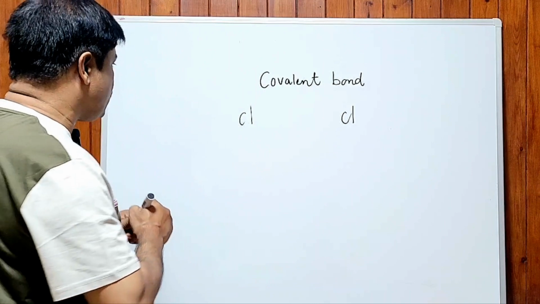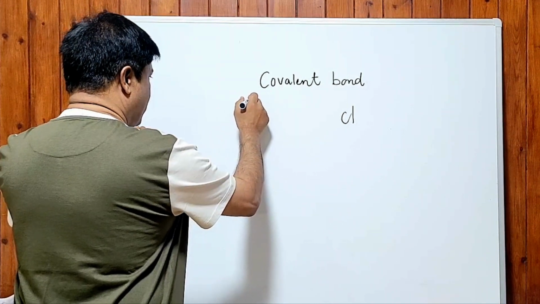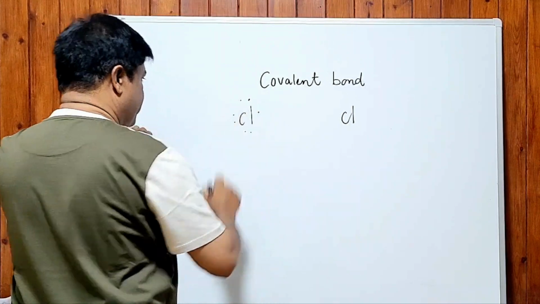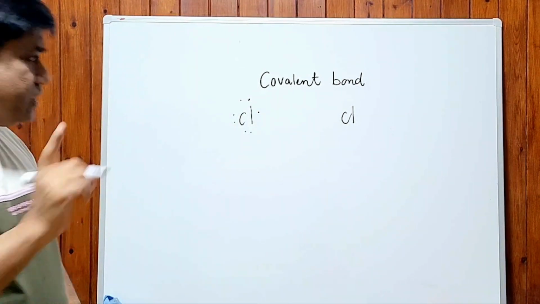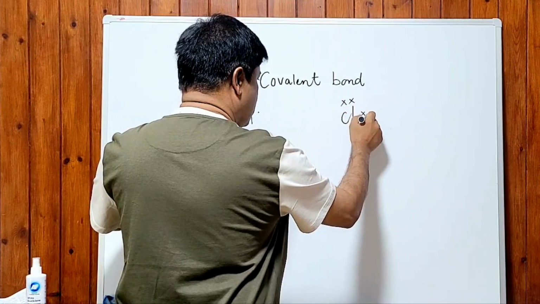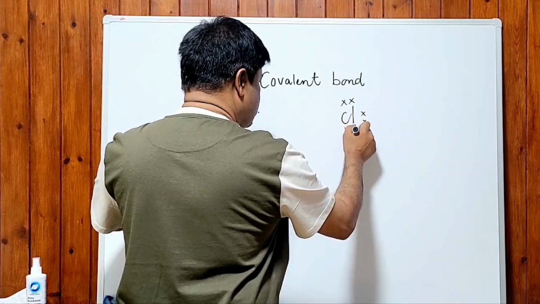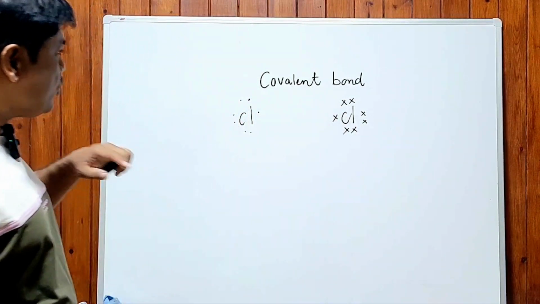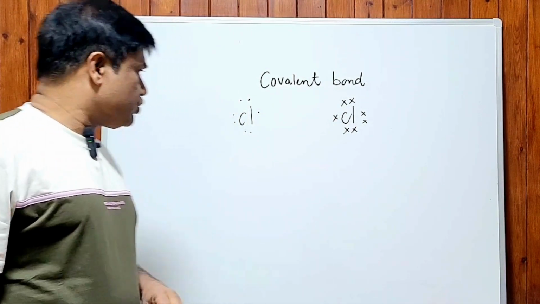It has 7 electrons in its valence shell, and this chlorine also has 7 electrons in its outermost shell, which is called the valence shell. These electrons are called valence electrons.